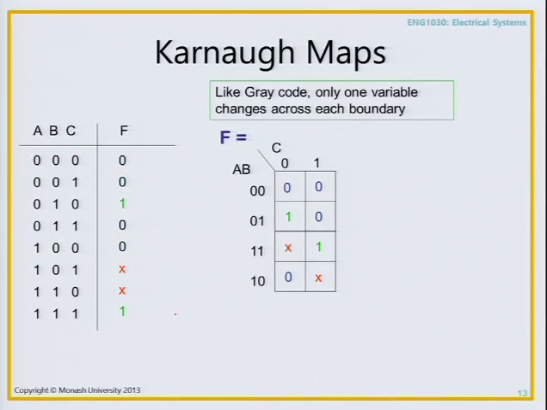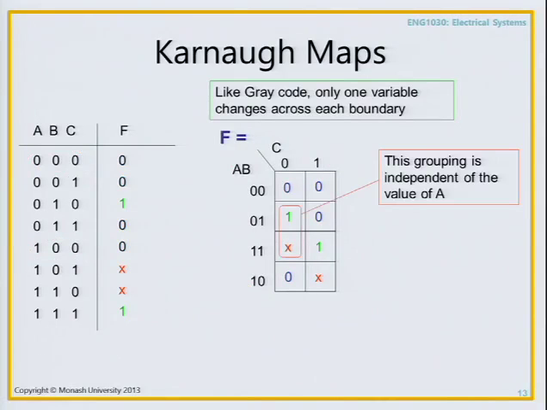And what do we do? Well, we start now drawing boxes in the Karnaugh map. What we need to do is draw the biggest box in the Karnaugh map that covers all the ones. Okay, so here's an example of the biggest boxes.